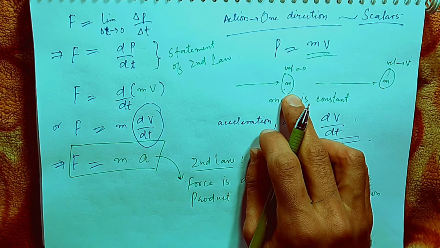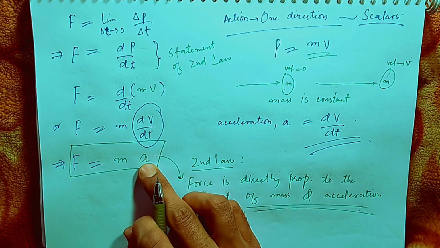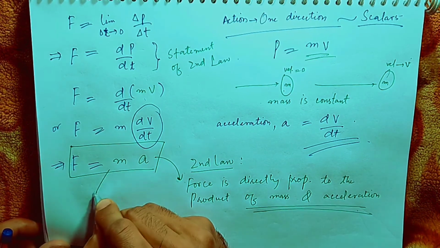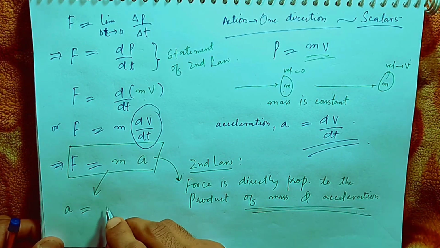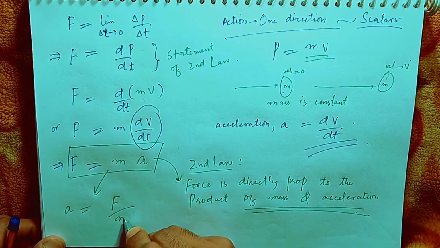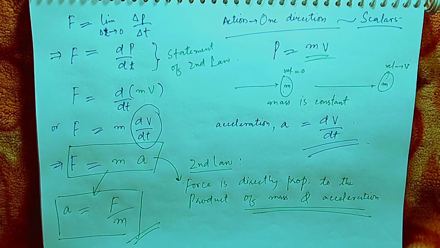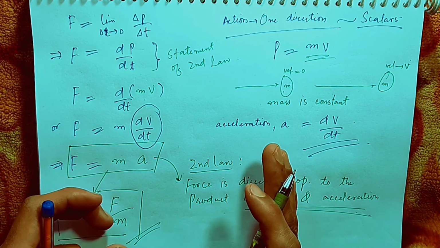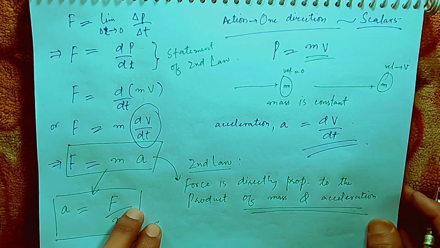If at any instant we apply some force, we will get the acceleration caused by that force. The acceleration of the body at any instant when the force is applied is equal to force divided by mass. Okay? This is the acceleration caused by that force at any instant of time.